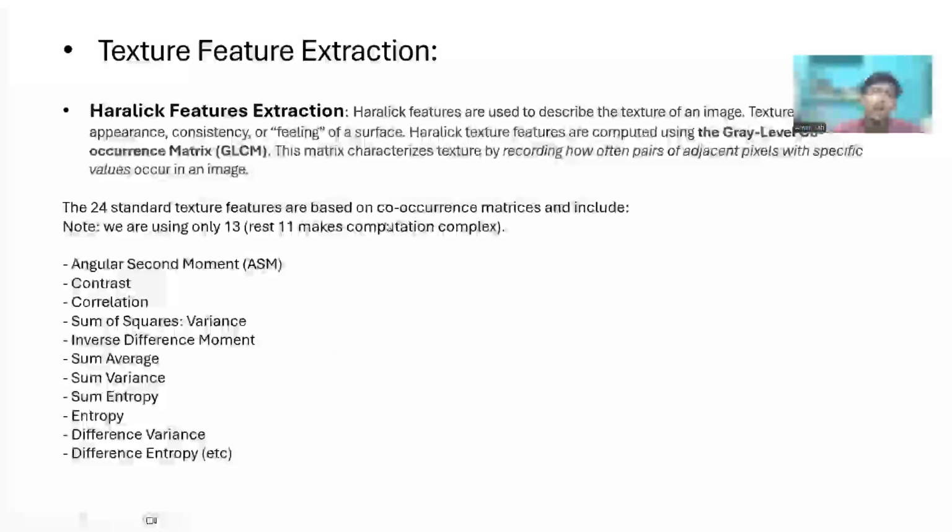So what happens is that in a machine learning model, we want different kinds of features to be extracted from each particular image. So in my machine learning approach, what I have done is I have extracted hierarchic features. These hierarchic features are texture based features. For an example, if you take a metal block in one hand and a rock in the other hand, the feel will be different.